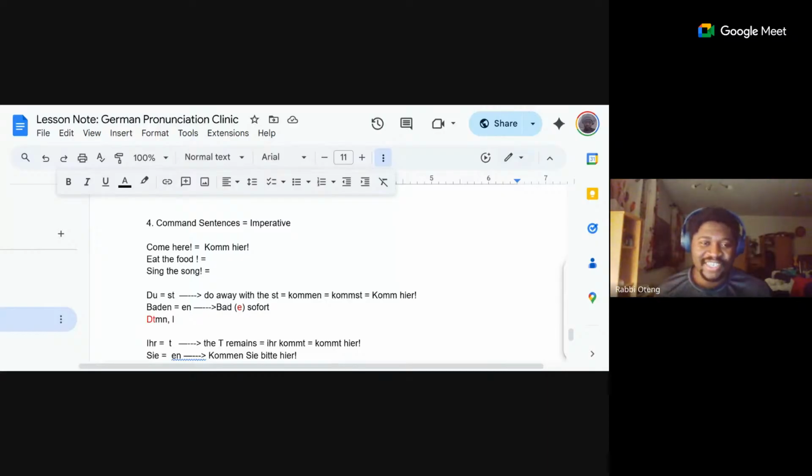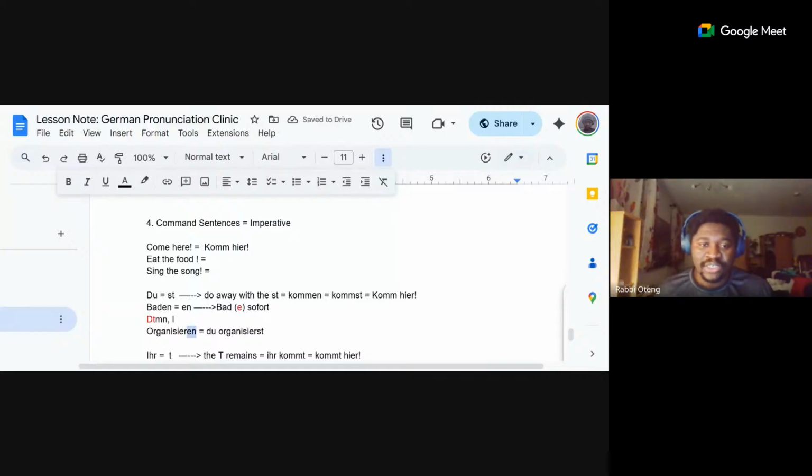So on the Latin verbs too. With the Latin verbs for du, what example is it? Organisieren. Okay, so we do away with the EN. If I'm saying you are organizing the party, we have to say du organisierst. Okay, du organisierst.